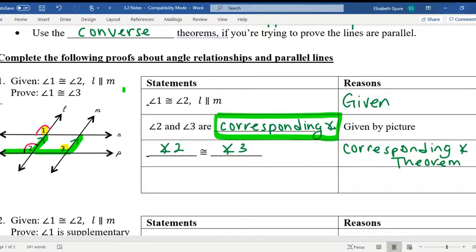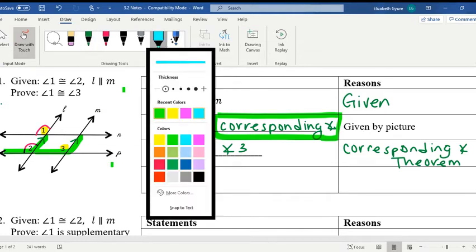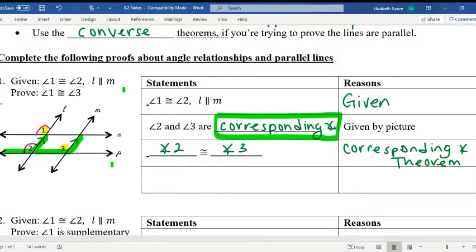Okay, so now I have that angle 1 is congruent to angle 2, and angle 2 is congruent to angle 3. Aren't they both congruent to the same angle? So what could I then say about angles 1 and 3? Any ideas?